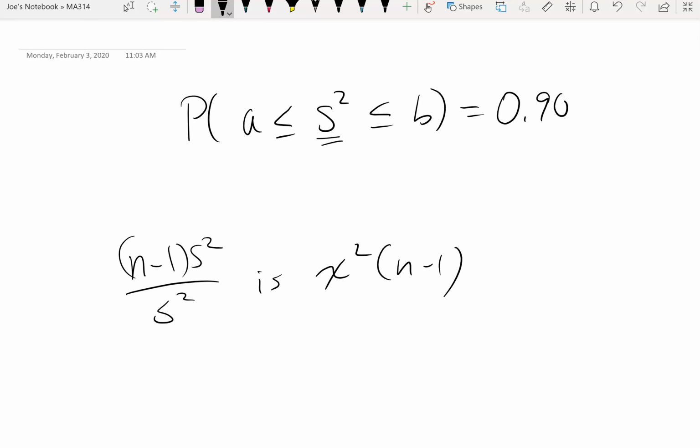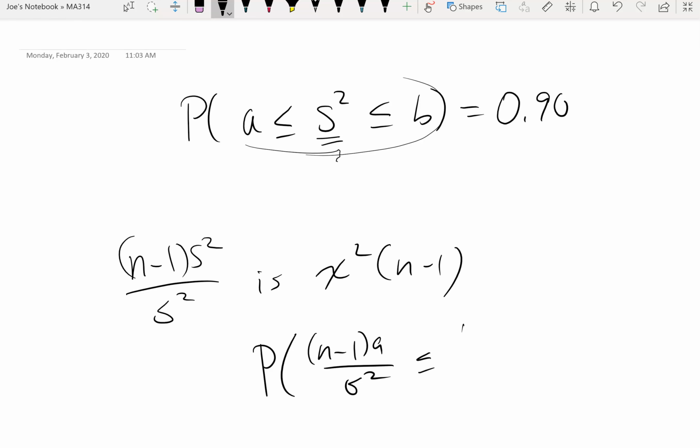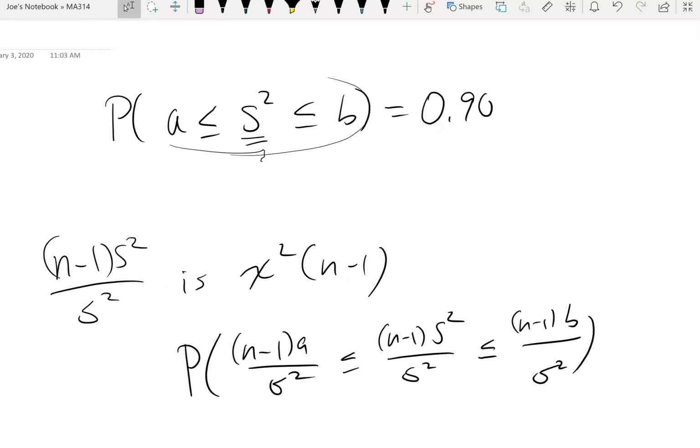Okay. So if I work inside here and multiply this like so, I can figure out values for this to work, right?